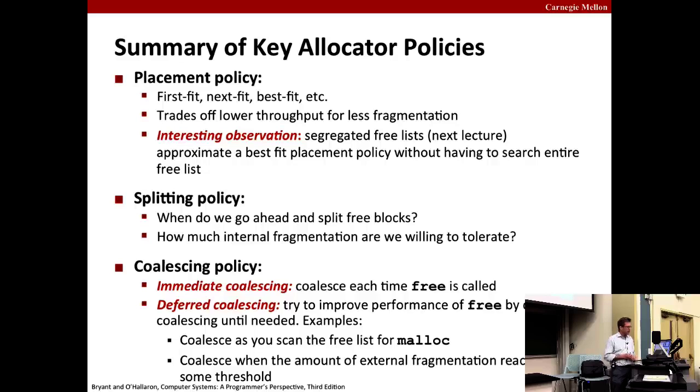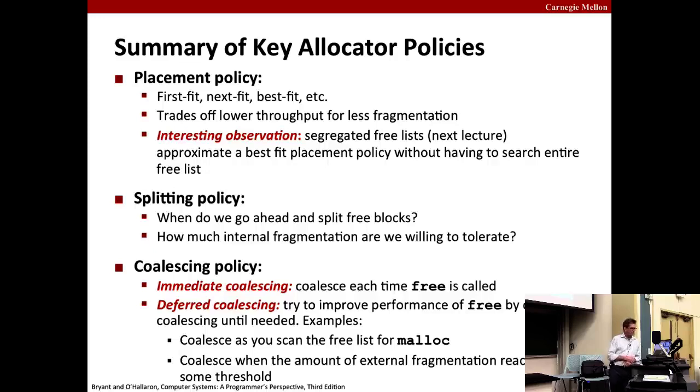And then there's a coalescing policy. We've seen freeing is pretty quick. It's constant time because of the boundary tag footers. But you may want to speed that up even more by deferring the coalescing.